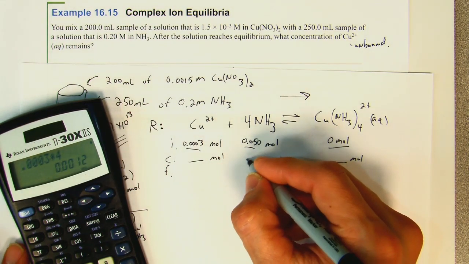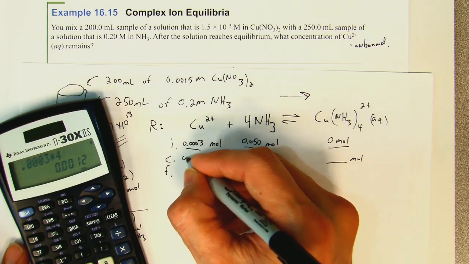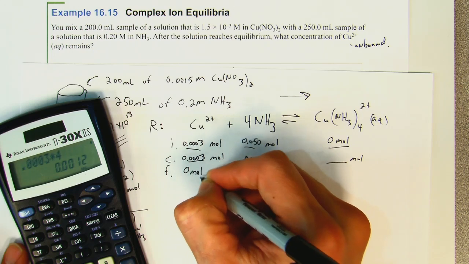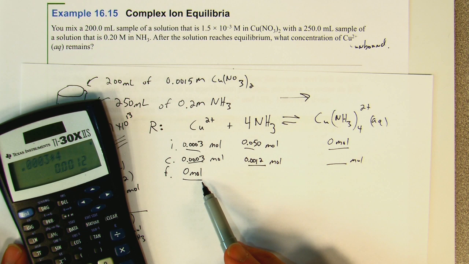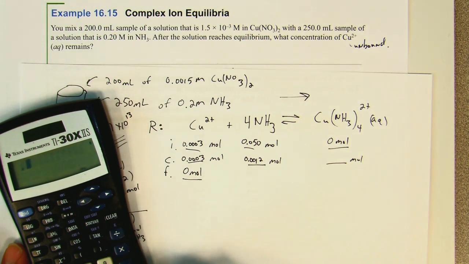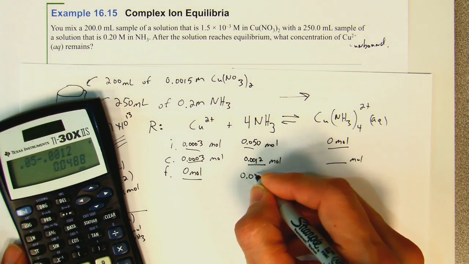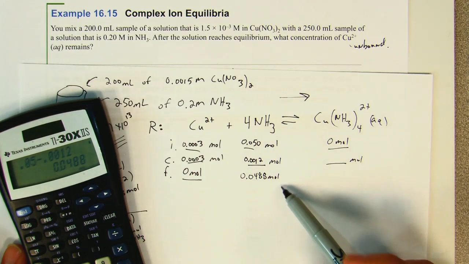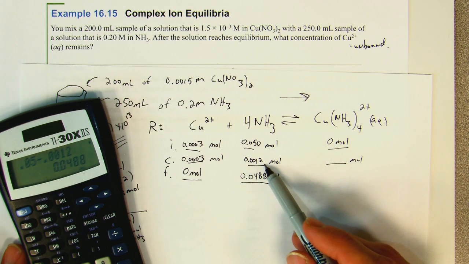I would need 0.0012 moles of this if all of this reacted. And if all of that reacted, I'd be out of it. But I wouldn't be out of my other one, would I? I'd still have 0.0488 moles of my ammonia left, because I could only consume this number of moles of it.